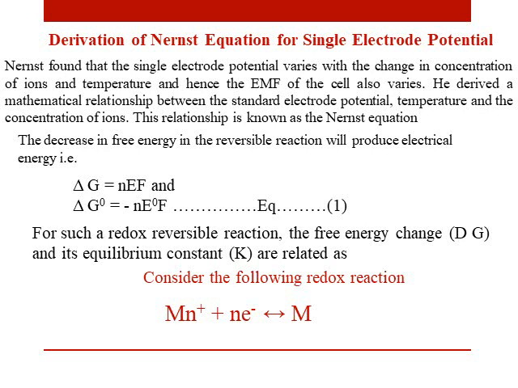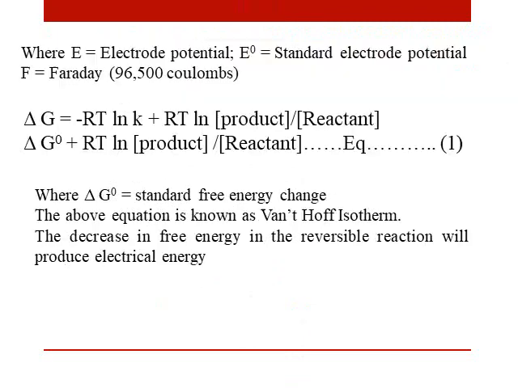For the redox reaction of the type M n plus plus n e minus reversibly giving rise to metal solid M, E is the electrode potential, E naught is the standard electrode potential, and F is the Faraday, that is 96,500 coulombs.